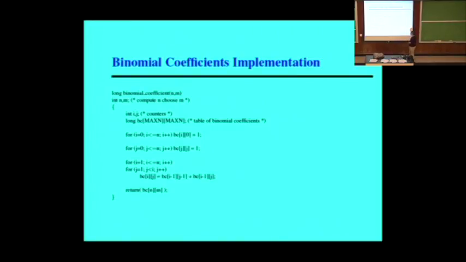I goes from 1 to n, j goes from 1 to I. And what I am going to say is that BC of ij is going to be, as my recurrence says, BC of I minus 1, j minus 1, plus BC of I minus 1, j. Okay? Any questions? This is the recurrence from the formula. This is the initialization conditions.